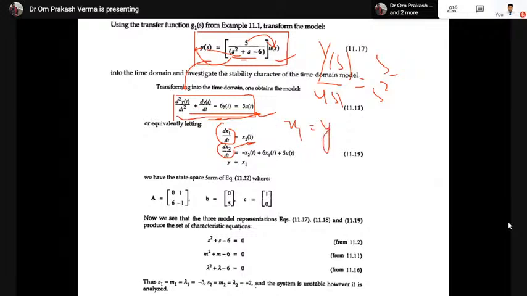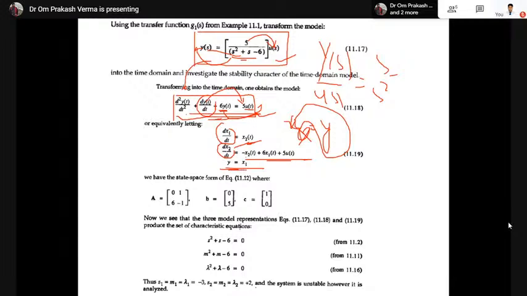Then we can write dx1/dt equals x2, and dx2/dt equals this one, so it becomes minus x2 plus 6x1 plus 5u(t). The other terms move to the other side, and this is what remains.